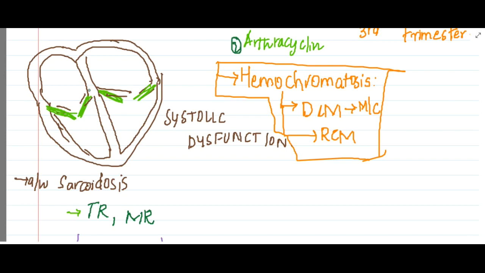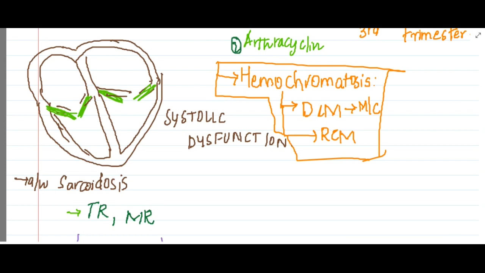So both mitral regurgitation and tricuspid regurgitation may be present. Histologically, the muscle cells are hypertrophied with enlarged nuclei, and you will see dilated muscle fibers also.